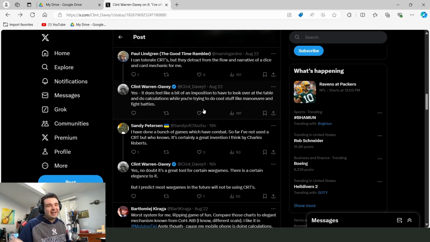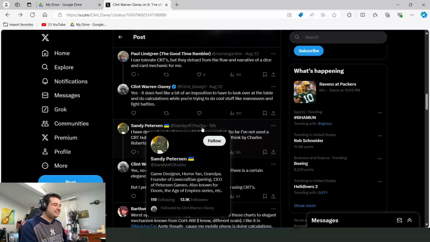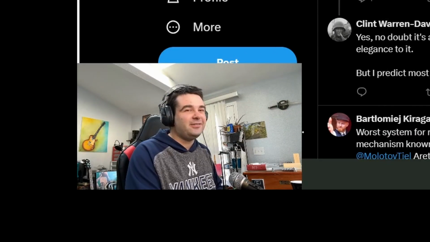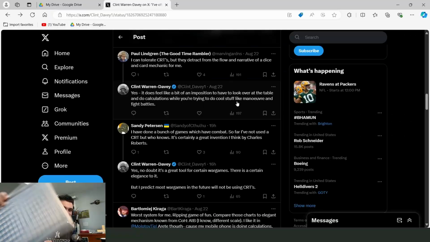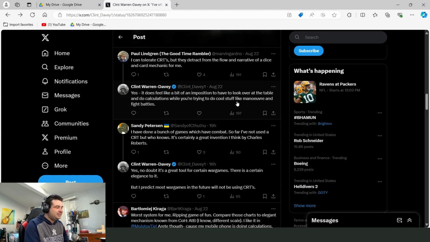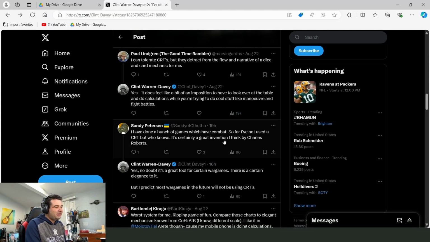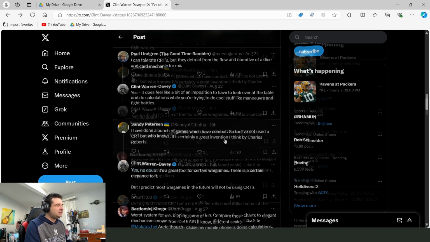So I don't think it's fair to present certain games as not having a CRT just because they don't have a table that looks like this. I don't think it's right to say, well, you don't have a huge table, you have a little table, so you don't have a CRT. That's not true.